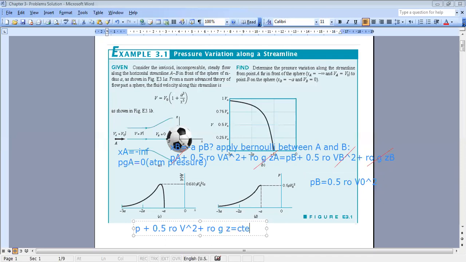Okay, this is the Bernoulli equation. Now for each term, what is the definition of each term? What is P? P represents what? You remember from the course material. This is called static pressure. Okay, so P represents the static pressure.